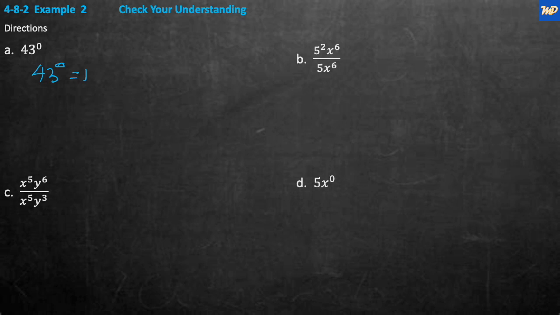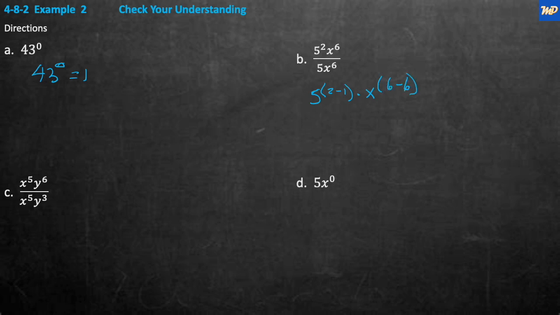How about over here on B? We have 5 squared x to the 6th divided by 5x to the 6th. Well, what are we going to do? I'm just going to write it out. We're going to say 5 to the 2 minus 1, because any number with an exponent like that is to the first power. And then it's times x to the 6 minus 6.